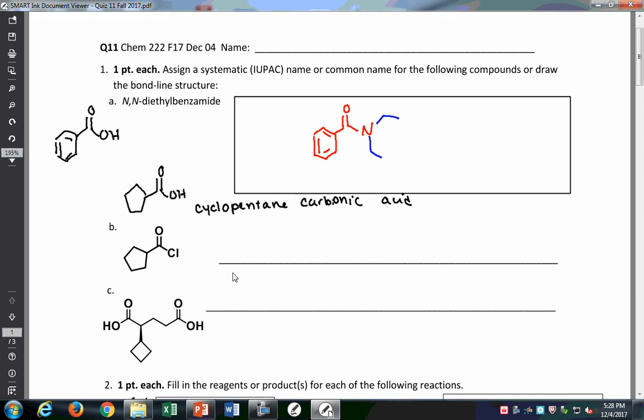And then to change it for the acid chloride, the -ic acid changes to our -yl halide, in this case chloride. So it's going to be cyclopentanecarbonyl chloride.